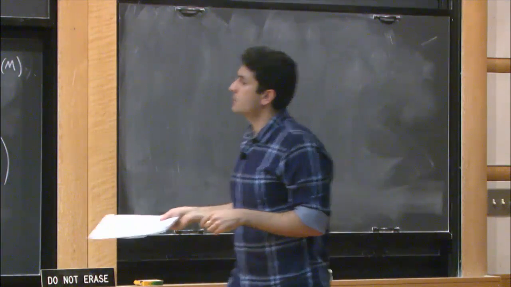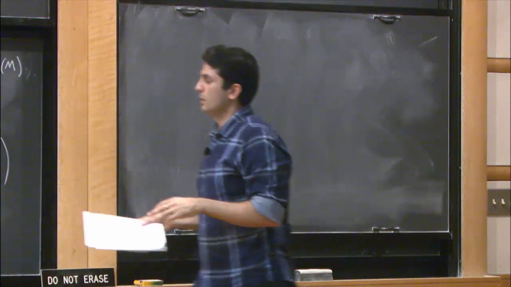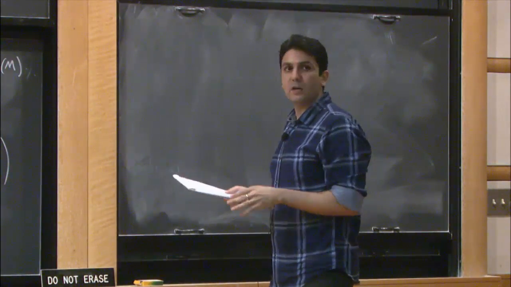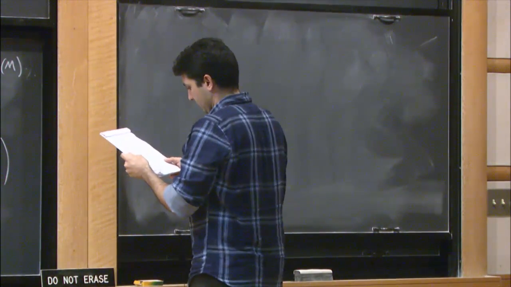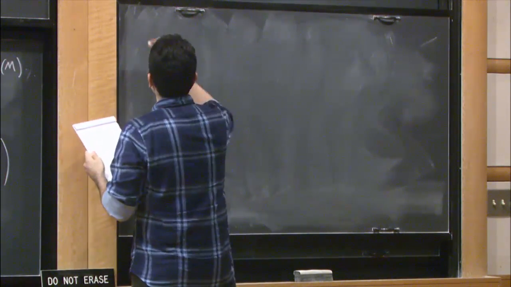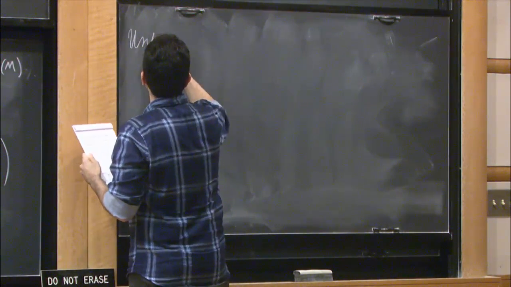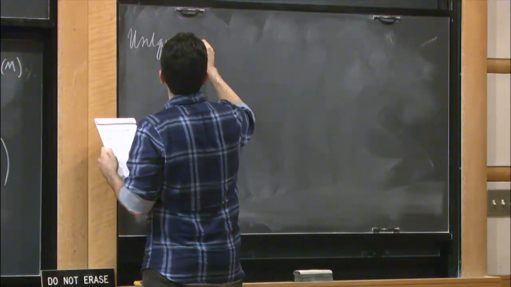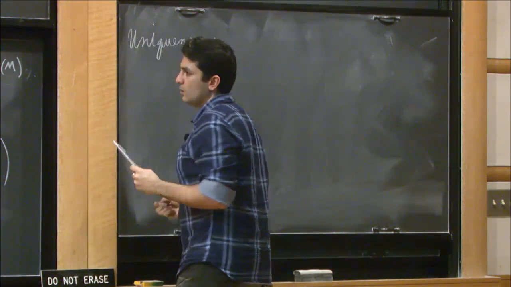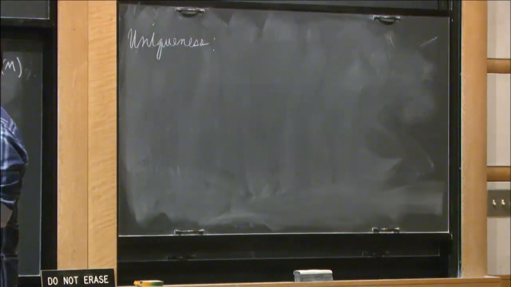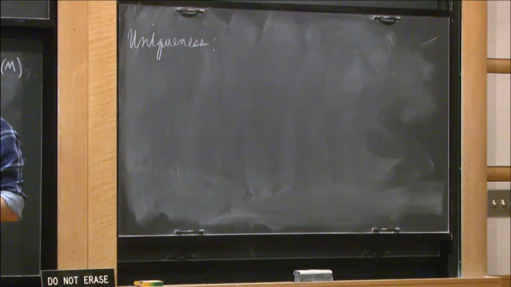Now I'll state some results about these Hamiltonian homeomorphisms that show that they behave somewhat nicely. One result is this. Here's a question that some of you might have in your mind already: uniqueness. If this object is smooth, then the Hamiltonian uniquely determines its flow, and the flow determines the Hamiltonian up to a constant.